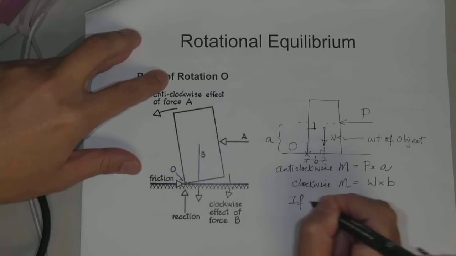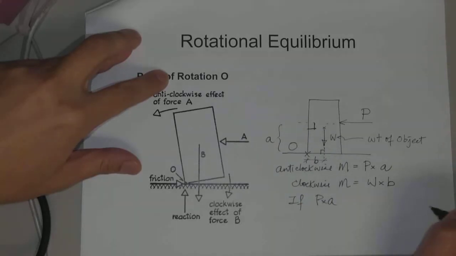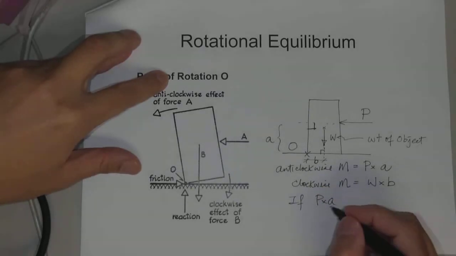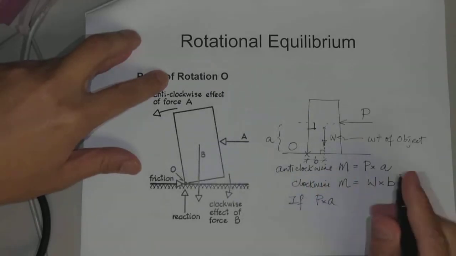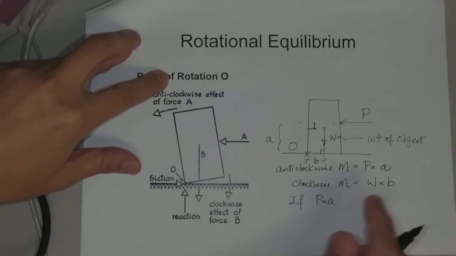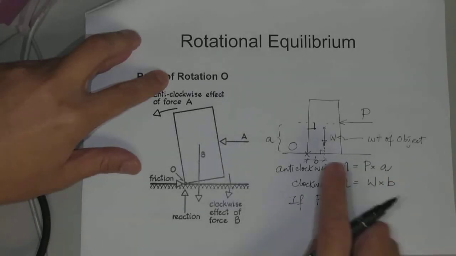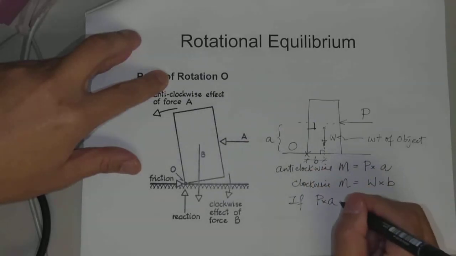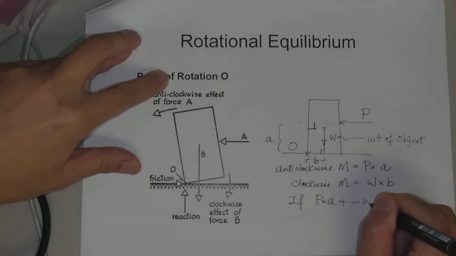So if P times A is the same as W times B, anti-clockwise and clockwise cancel out. If anti-clockwise is positive, clockwise is negative, so positive plus negative.